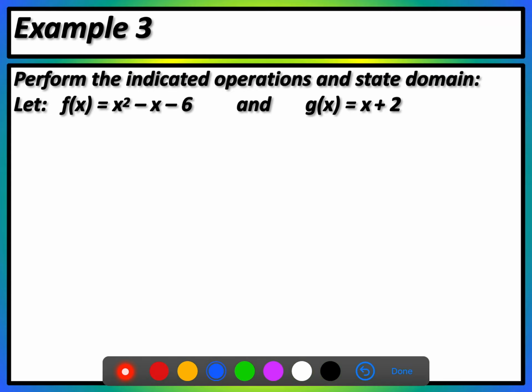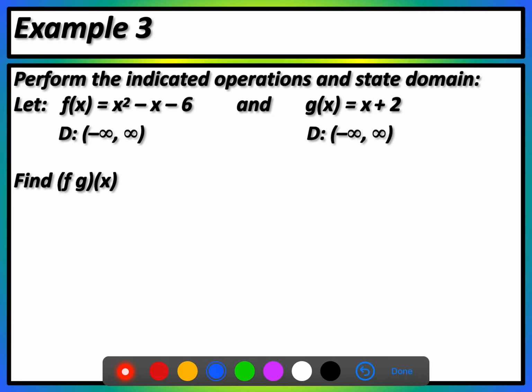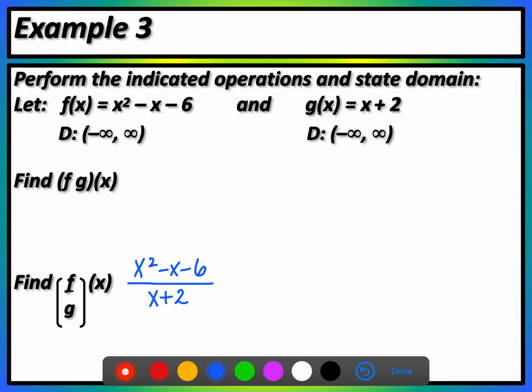Again, f is a quadratic and g is a linear. We're actually just going to focus on the division for this one. That means x squared minus x minus 6 divided by x plus 2.